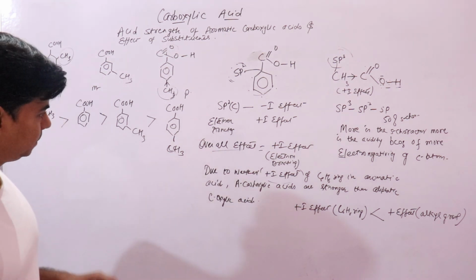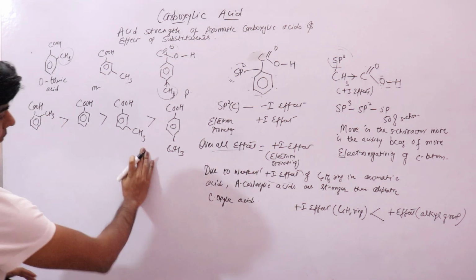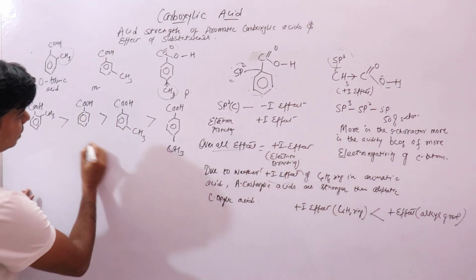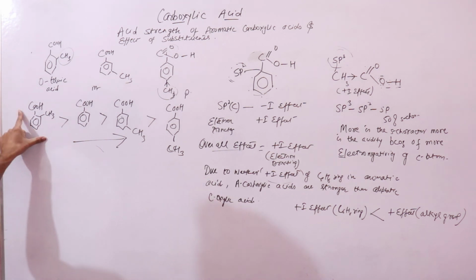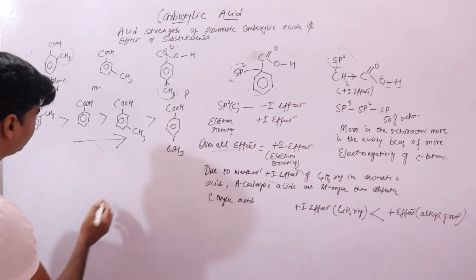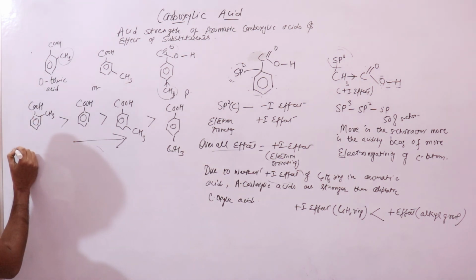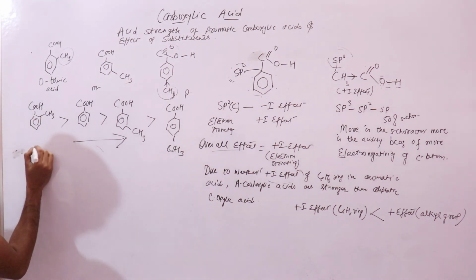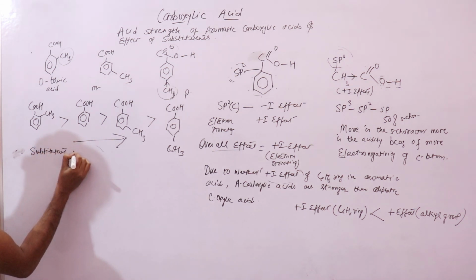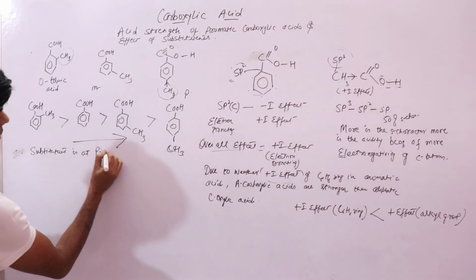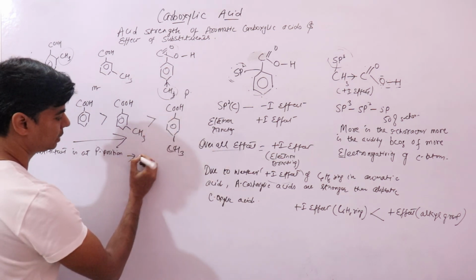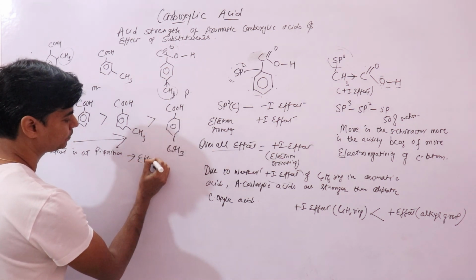Right? So this is the way your acid strength decreases. In this direction, the acidic strength decreases. This is the strongest acid, then comes this, then this, then this. What is the reason? The important thing is that when your substituent is at para position, its effect is more.